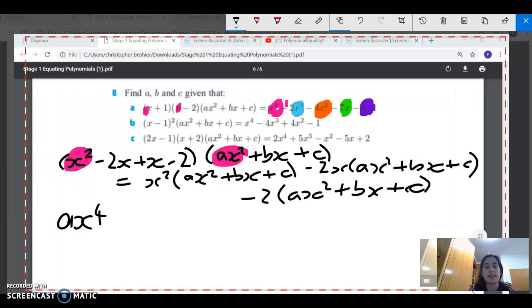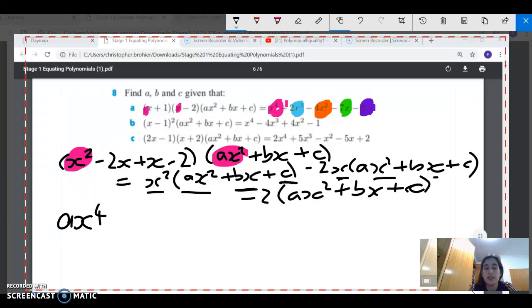There's no other x to the 4 possibility here, because the other products won't give x to the 4. The only way you can get an x to the 4 term is by multiplying x squared by ax squared.